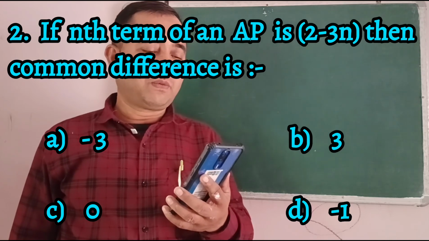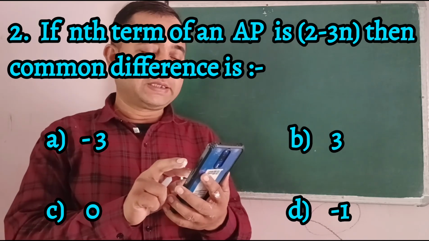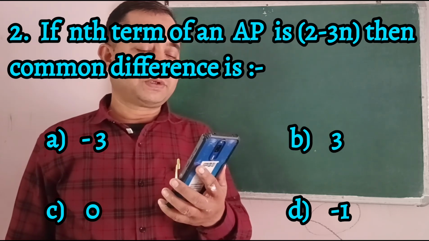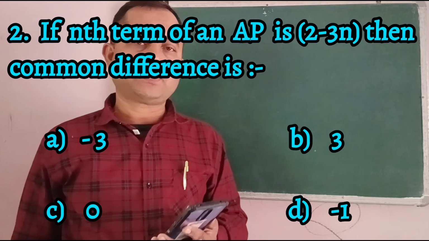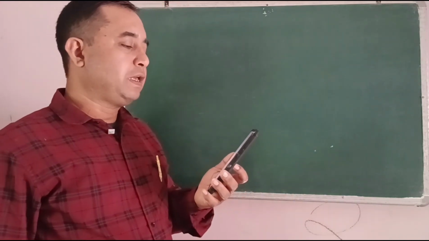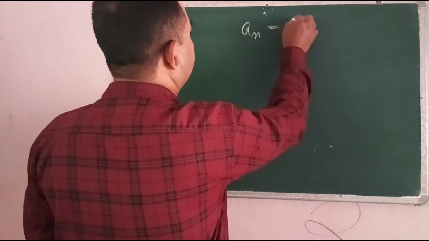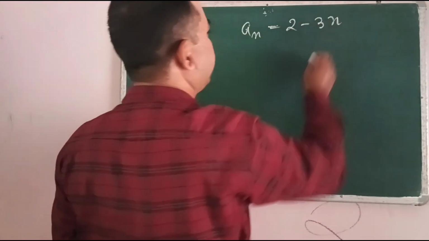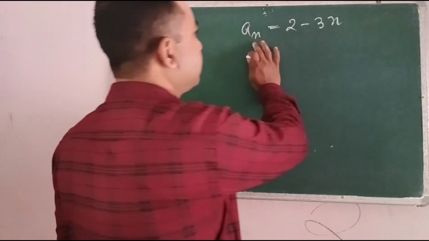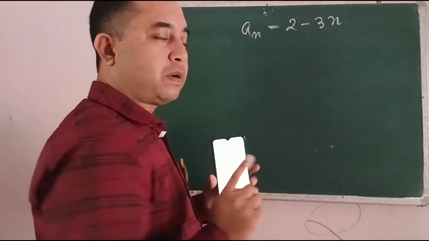If the nth term of an AP is 2 minus 3n, then the common difference is: option A minus 3, option B 3, option C 0, option D minus 1. We have to select the correct option. The nth term of an AP is 2 minus 3n, meaning an is equal to 2 minus 3n. We have to find the common difference.